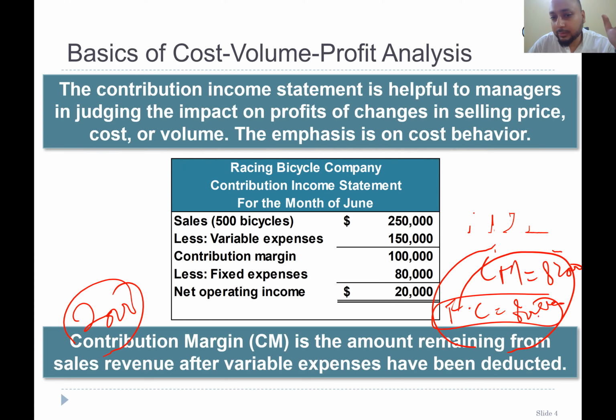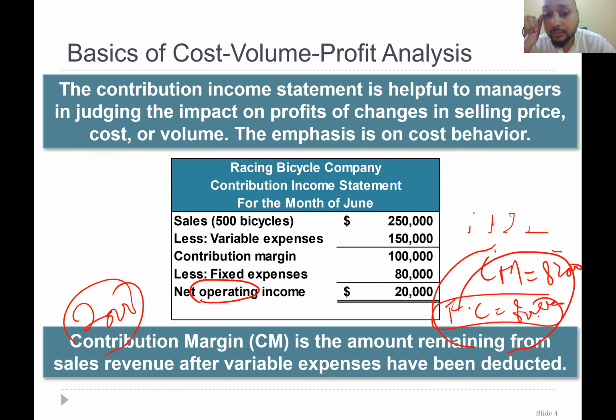Interest we cannot control. The interest rate is dependent on the economy, state bank or central bank's decisions, macroeconomic factors, money supply, global factors. Tax rate, we cannot control the tax rate. Government increases the tax rate, decreases the tax rate, whatsoever. So that's why we are taking it out of control. That's why we're talking about operating income, not net income.